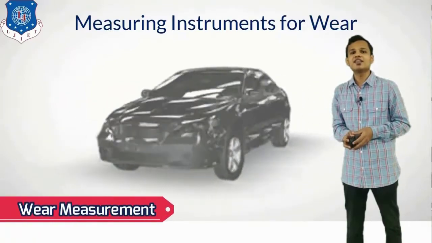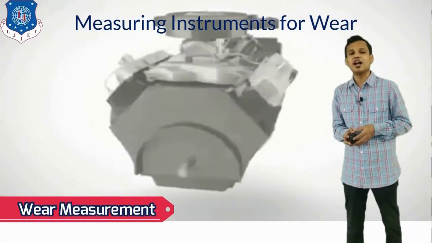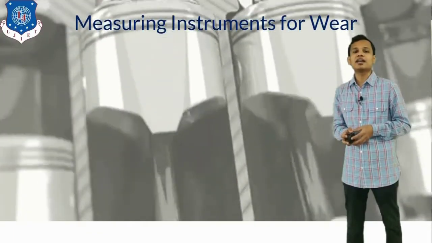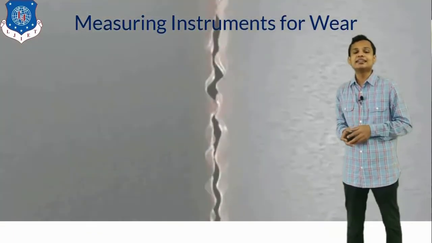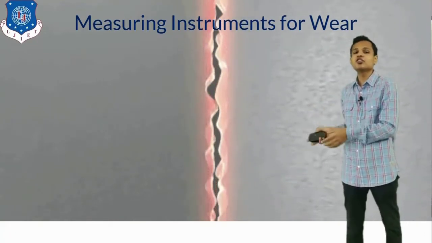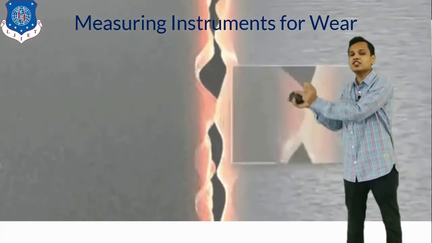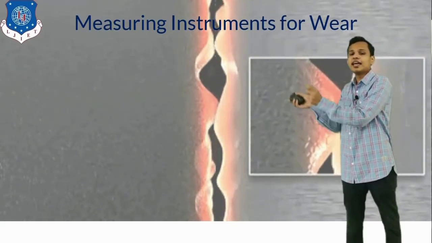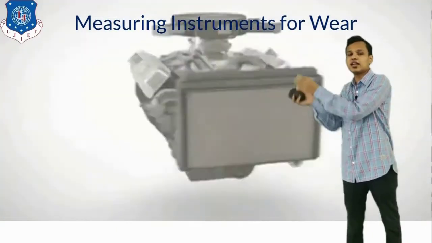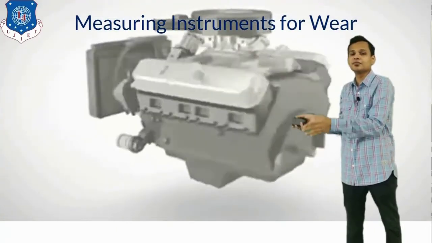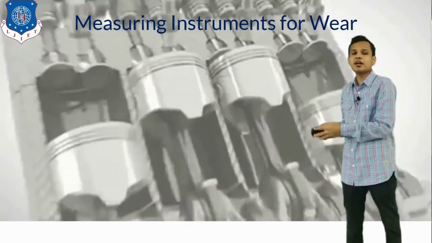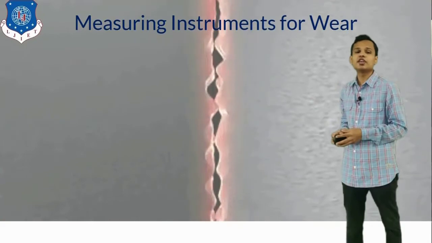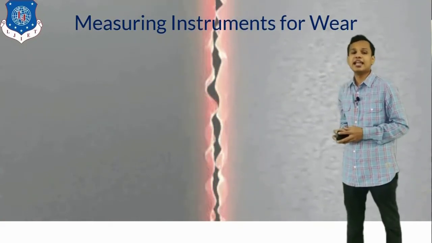Now let's start with the measuring instruments required for wear. In the graphics in the background of the video, you can see an engine that is reciprocating, and because of that there is wear between the two edges. Because of the wear there is tear of the material of the cylinder, and the clearance continuously increases. So the measurement of wear is necessary in many components of the vehicle and the engine.